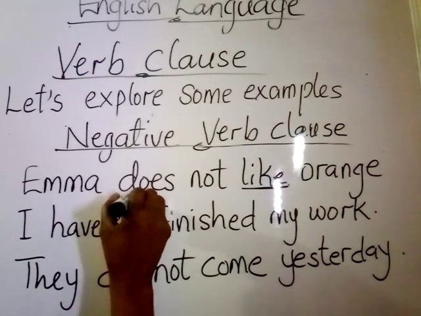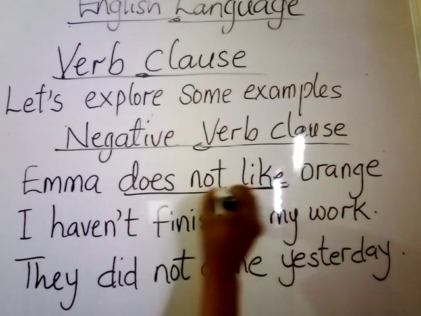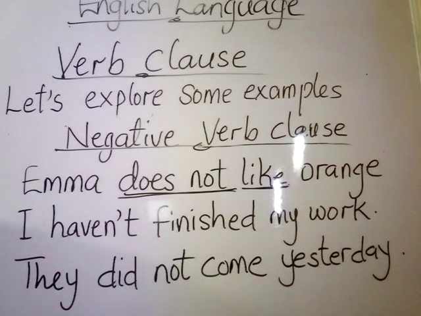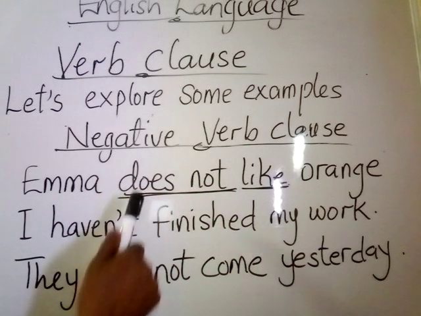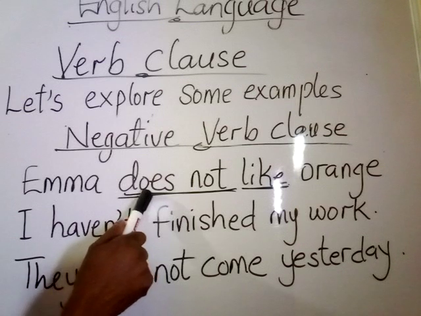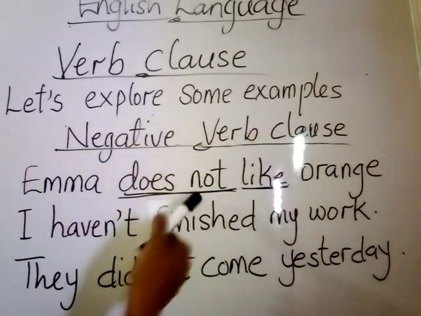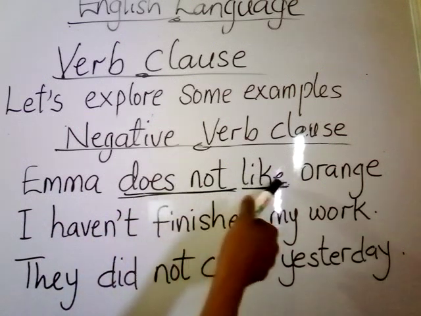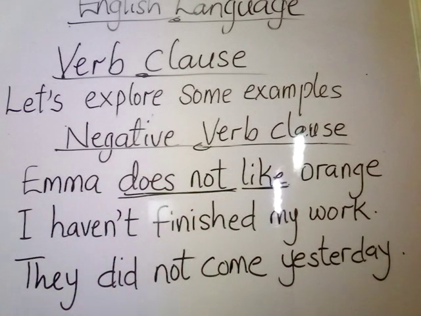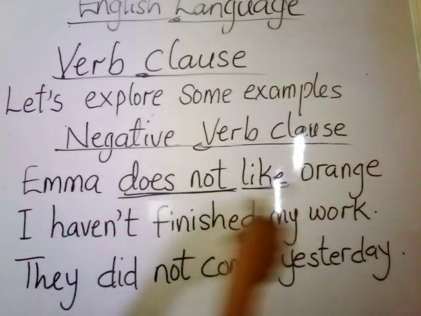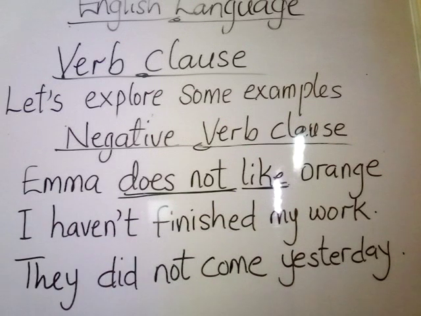Does not here functions as auxiliary, but negative auxiliary. The normal auxiliary verb here is does, but when the not is added, it makes it the negative form of it. That's why we say it's the negative verb clause, okay? So does not like forms the verb clause in this sentence.